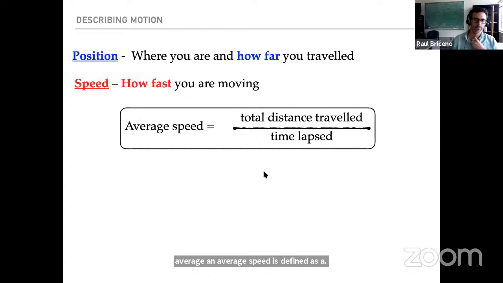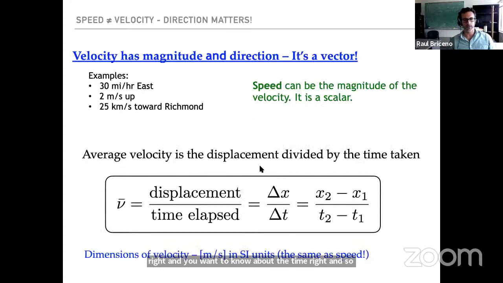Okay, so this is a first simple intuition. It's telling you about how fast you're going from one point to another.